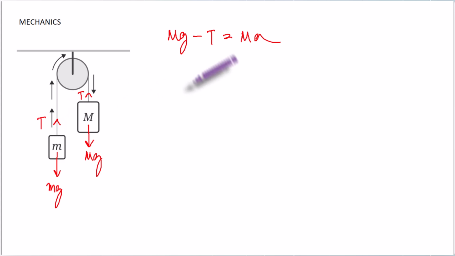And for the smaller one, T minus mg, because this tension is bringing this up, right? So T has to be greater. T minus mg equals, since this is the small m, small ma. And a is the same for both because they're connected, so they'll have the same acceleration.